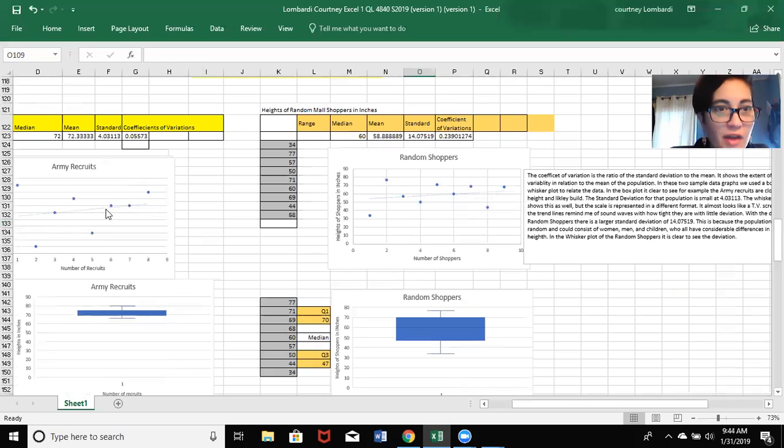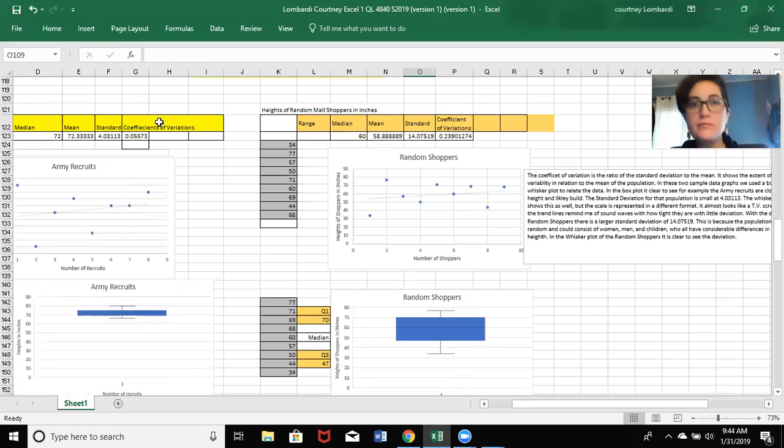So over here on the Army recruits, their standard deviation is much smaller than the random mall shoppers. Their standard deviation is only 4, where the mall shoppers' is 14.